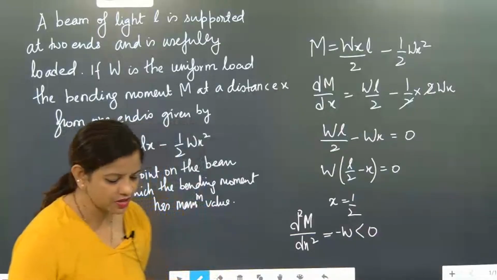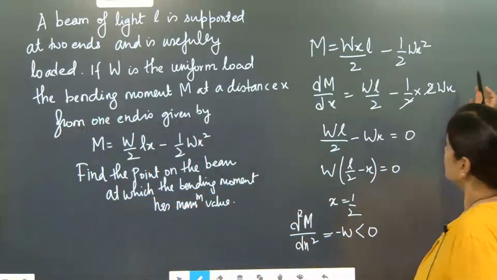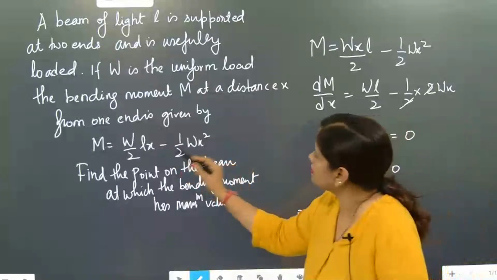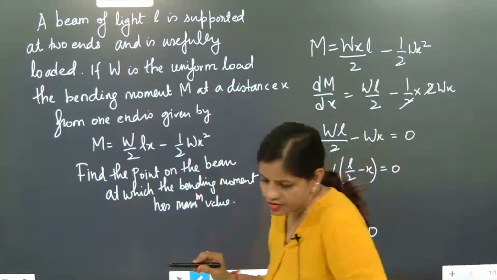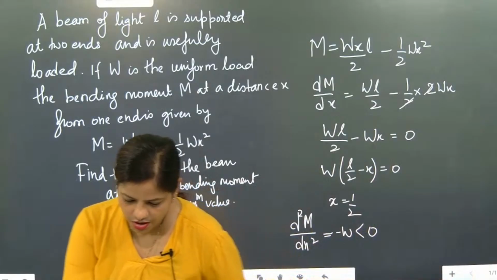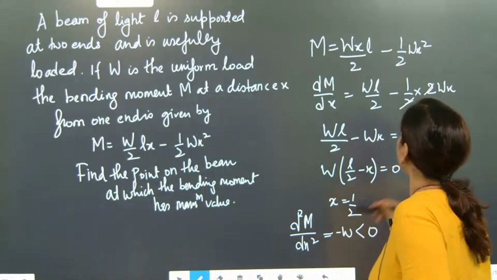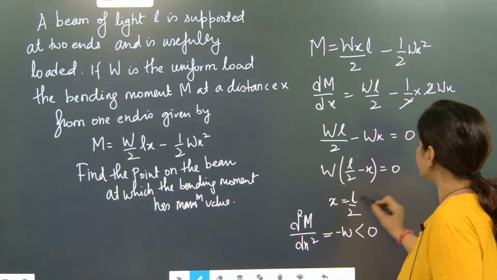Can we check this part? Is it L? Can we check in the question itself? Yes, W taken common, so the L part is there. So this is coming as L by 2.